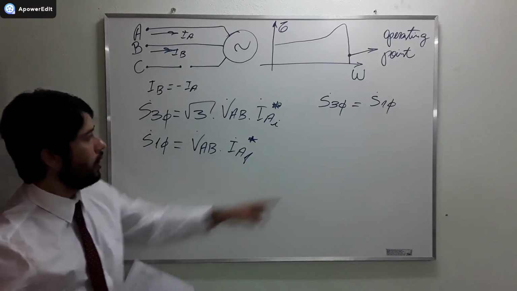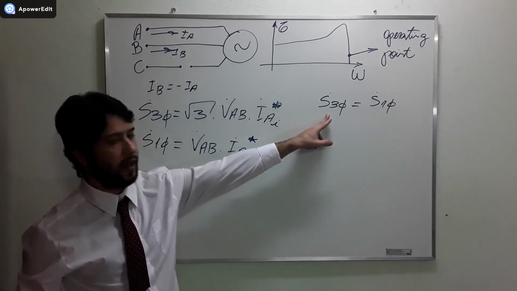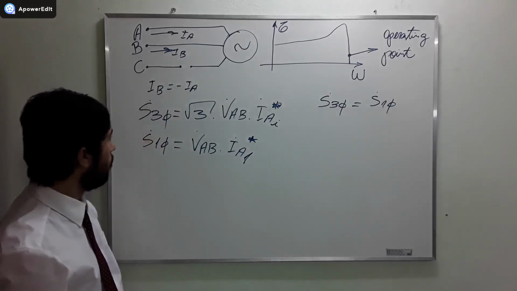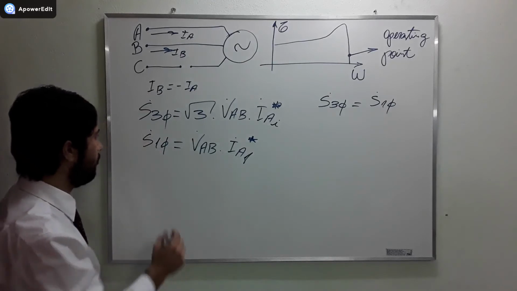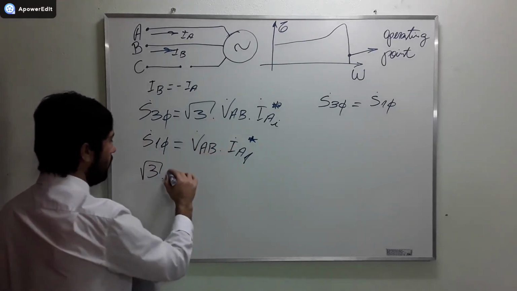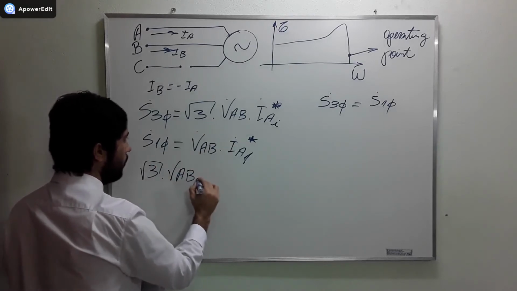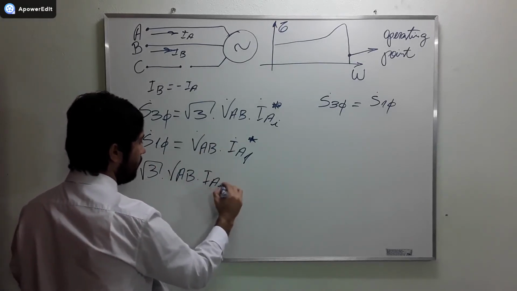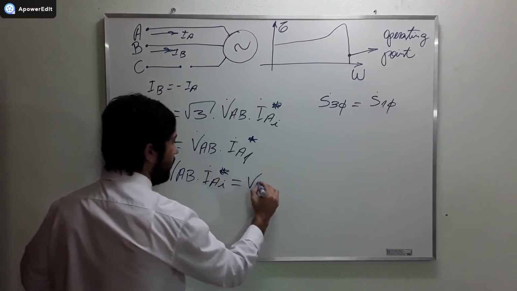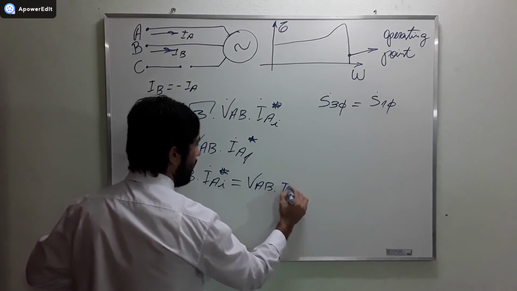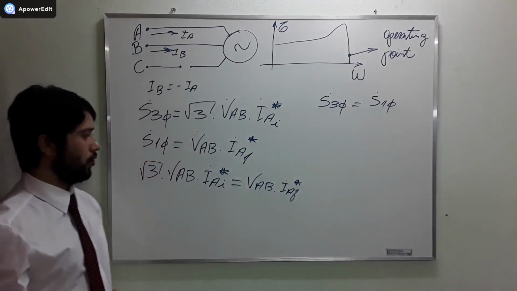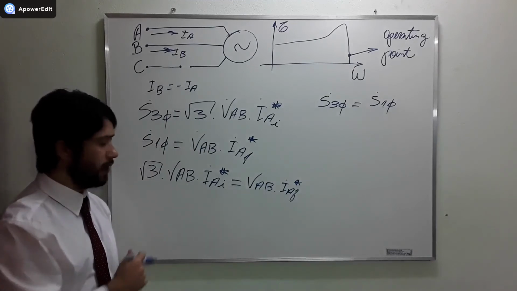Okay, so if the power as a three-phase motor is equal to the power as a single-phase motor, what we can do is to simply make them equal. Okay? Square root of 3 times VAB times IA being equal to VAB times IA final. Okay? Do you guys fully comprehend what I did here?